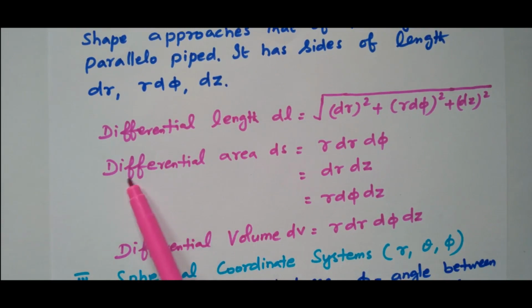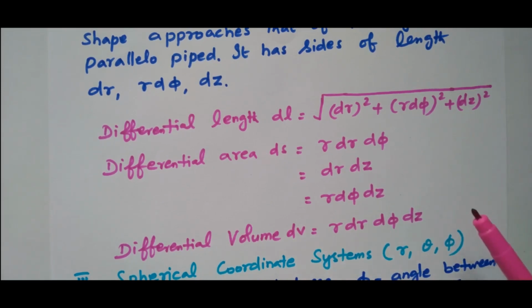While going with the differential area, it is multiplied by two parameters: r dr d phi, dr dz, r d phi dz. So we are multiplying two parameters. While going with the differential volume, we multiply all three parameters, dr, r d phi and dz.